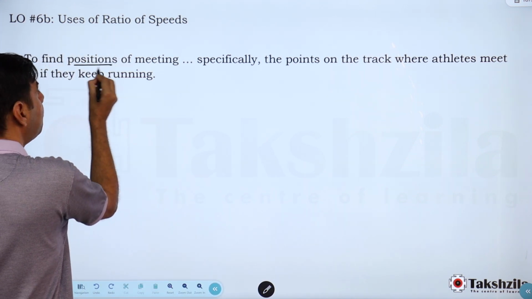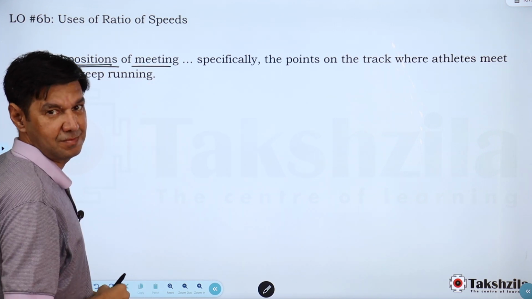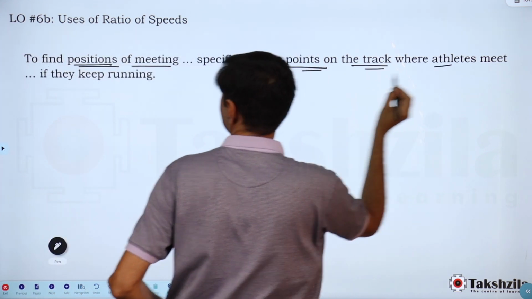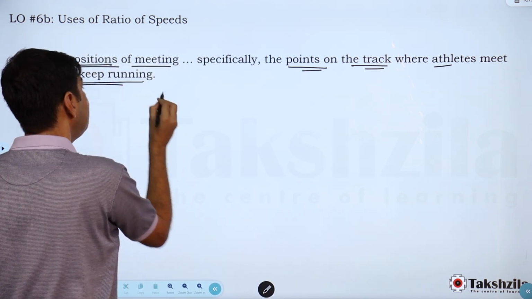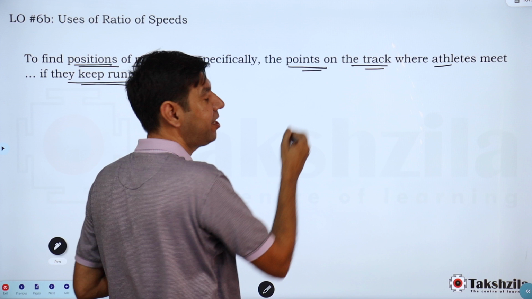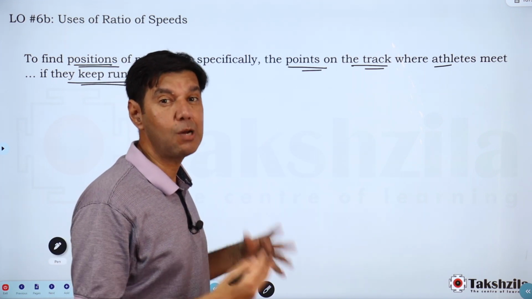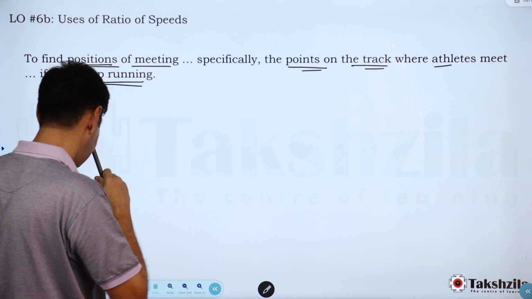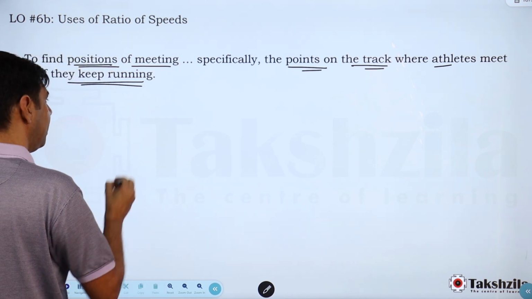To find the positions, that is, the points on the track where the athletes meet if they keep running, how many distinct points on the track are there where they could meet? And the idea is the same, students, again.